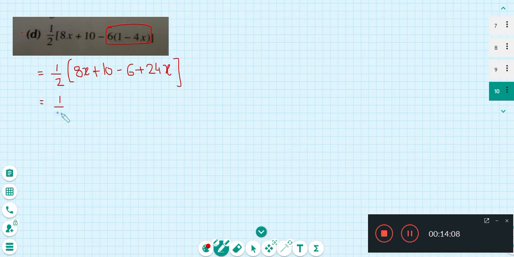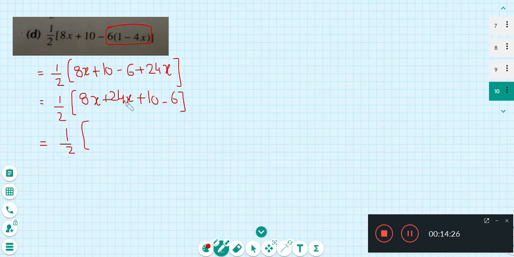Alright, in the square bracket I am combining the like terms, 8x plus 24x plus 10 minus 6. So 1 over 2 as it is, 8x plus 24x, like terms addition because both have same signs. So 8 plus 24 gives you 32x. Similarly 10 minus 6, opposite sign subtraction, gives you plus 4.